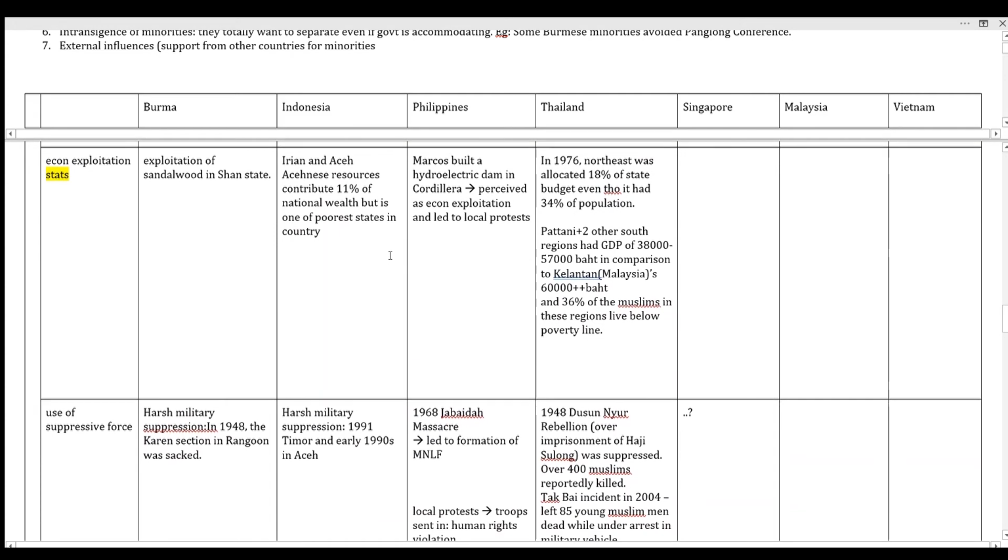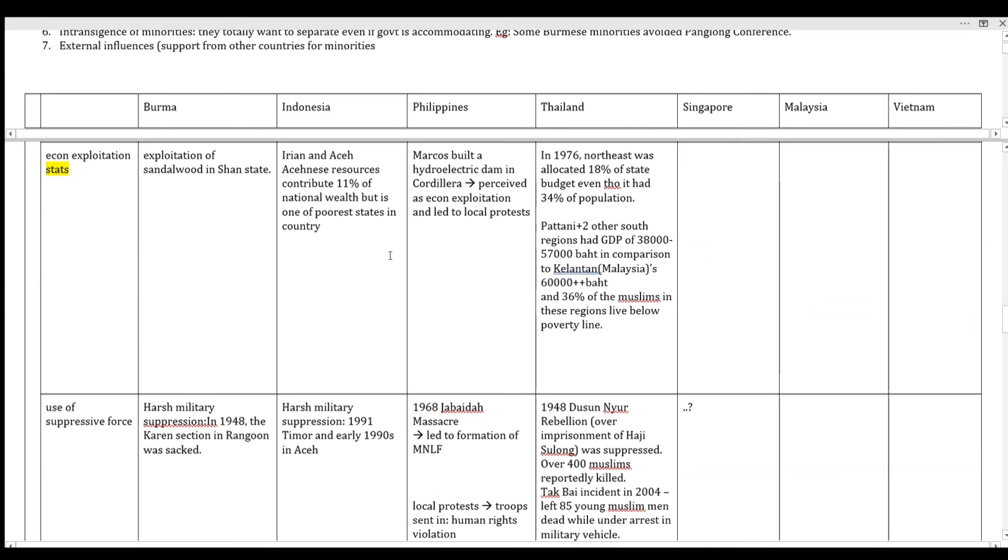So apart from that, we have economic exploitation, as I've highlighted here the stats. If you do have stats, then do insert them into this section because it will help you to explain it a little bit better. So in Burma, what do I mean by economic exploitation? Basically, they're exploiting a minority's resources for economic gain and not giving them the money that they need.